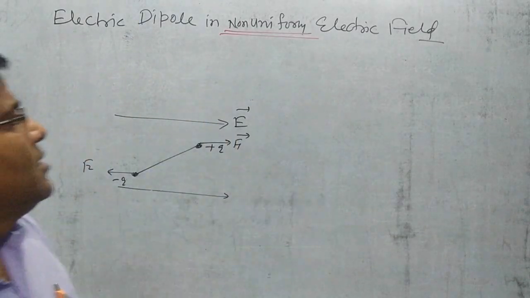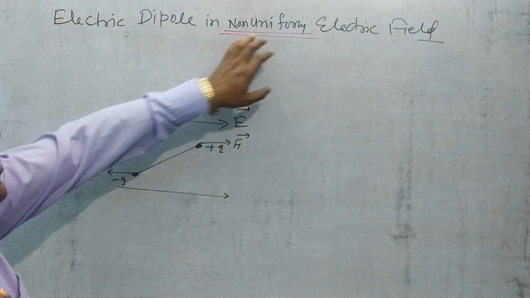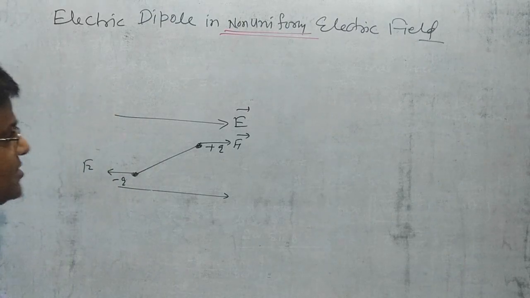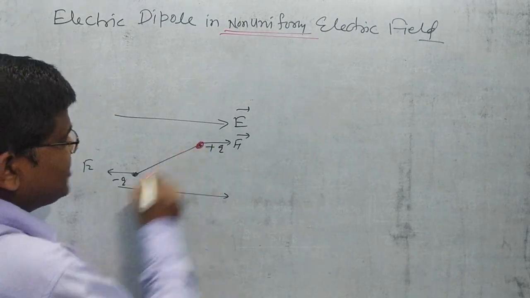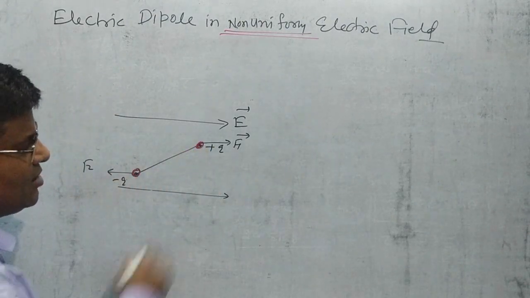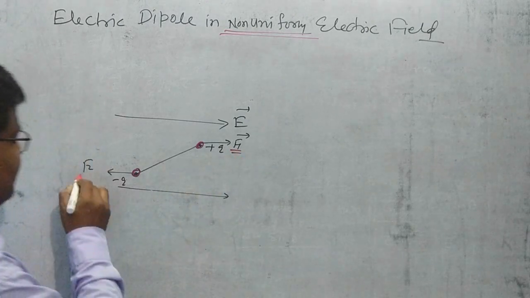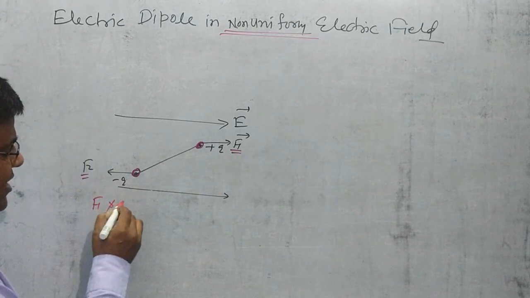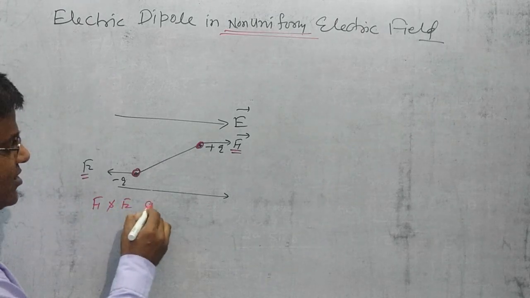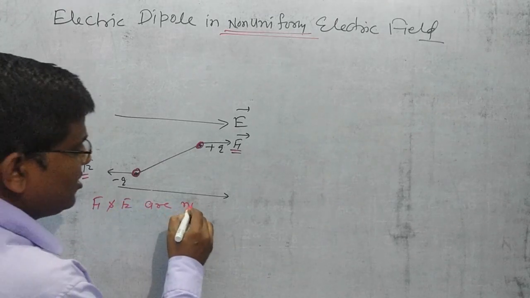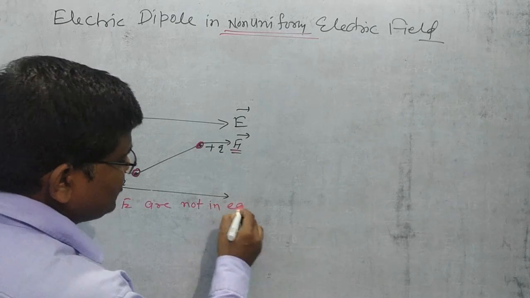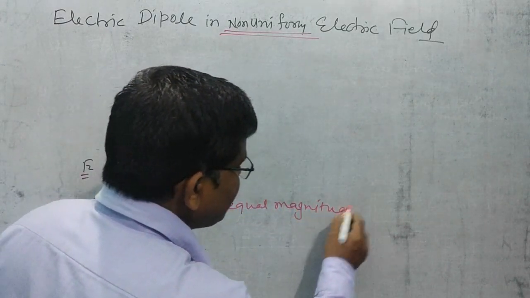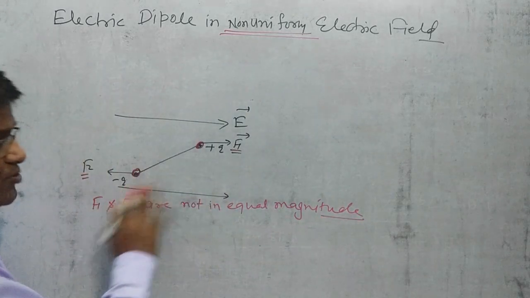Okay. The electric dipole in a non-uniform electric field. Non-uniform electric field means there are two charges, one here and the other here. The force is F1 and the force is F2. Here F1 and F2 are not equal in magnitude, hence net force is not 0.